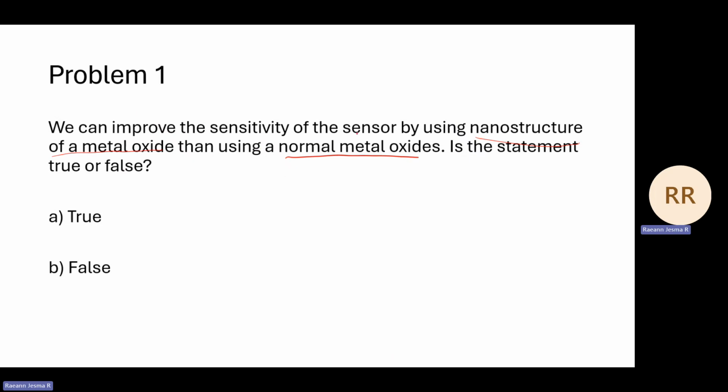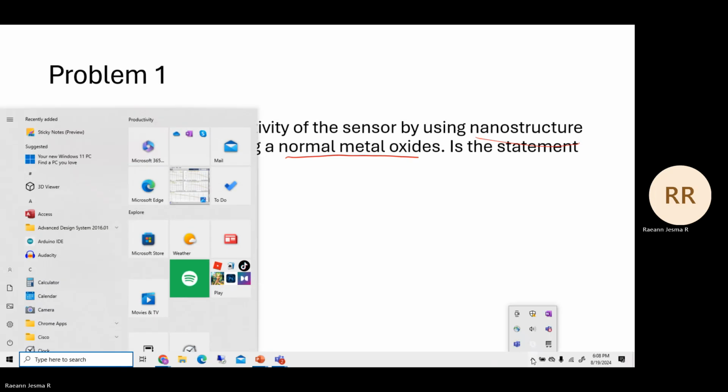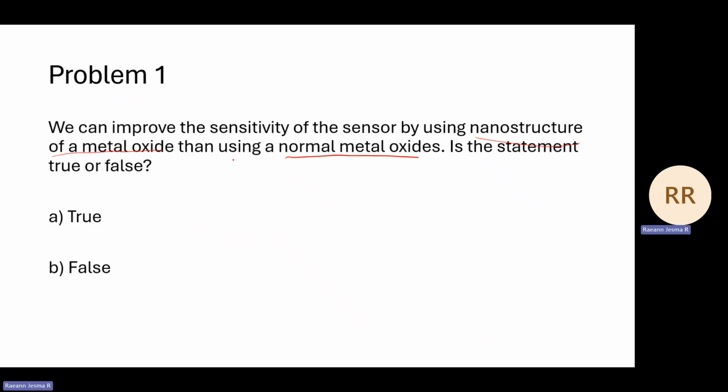Generally, what do you call a nanomaterial? What do you think a nanomaterial is? Yes. So one of the dimensions should be in the nanometer range. Then let's say as we are reducing the size of something, what happens to the surface to volume ratio?